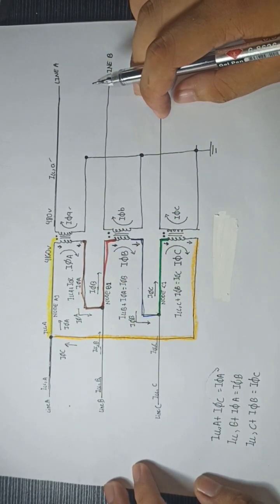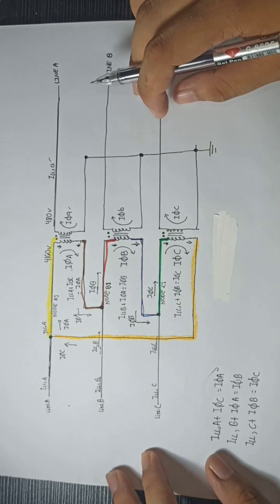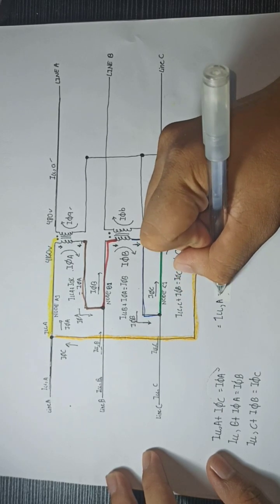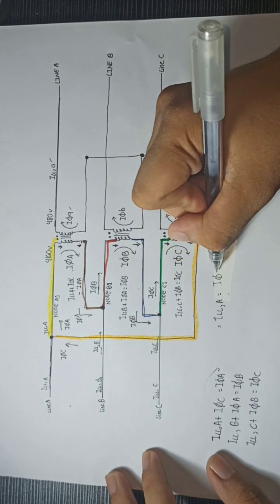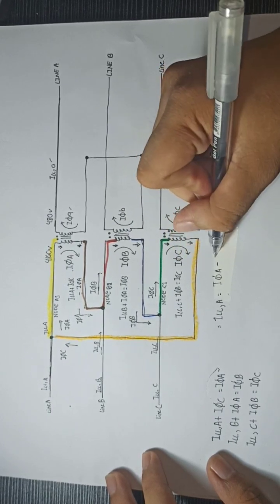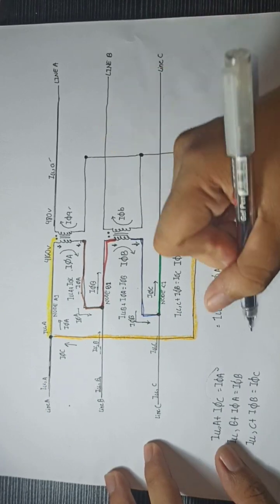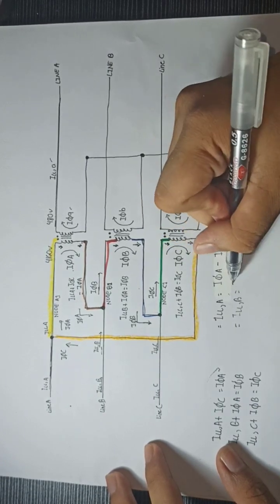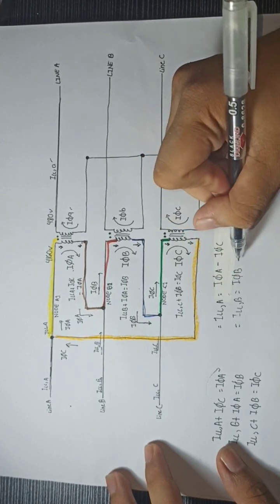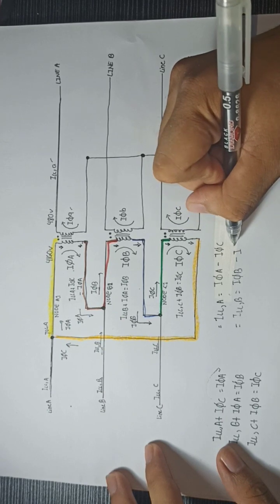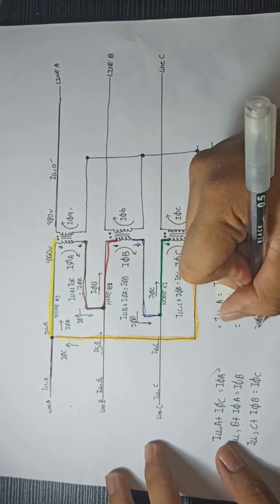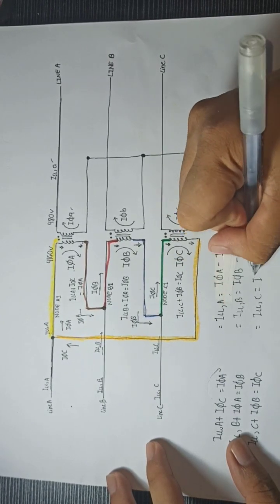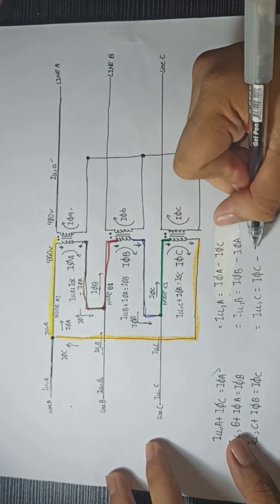So let's rewrite this equation and solve for the line current A. Line current A is equal to phase current A minus phase current C, and line current B is equal to phase current B minus phase current A, and line current C is equal to phase current C minus phase current B.